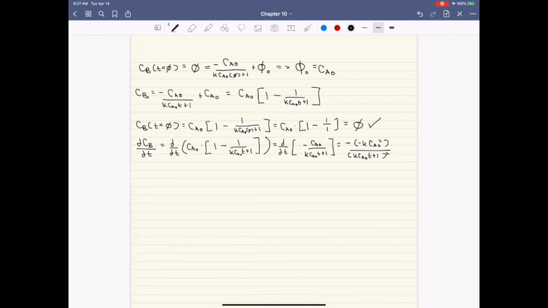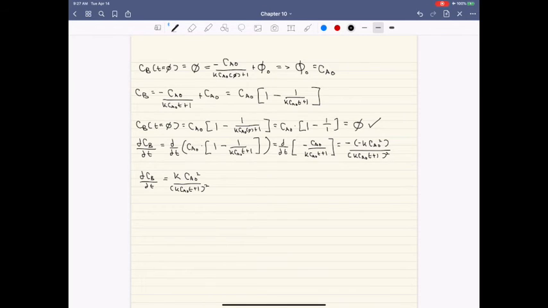And so those negatives cancel out. And what we get is k CA naught squared over k CA naught t plus 1 squared.